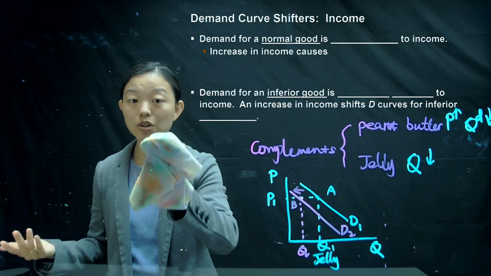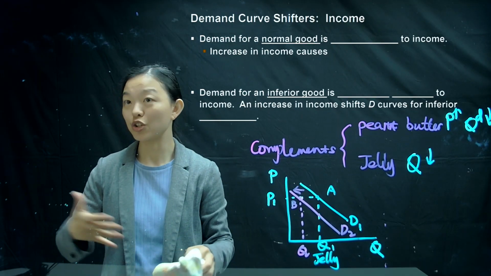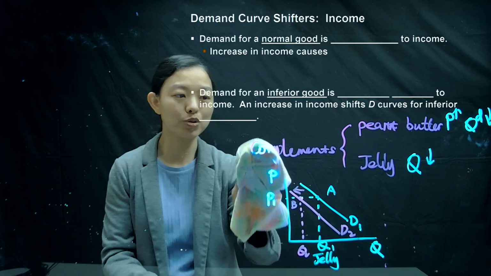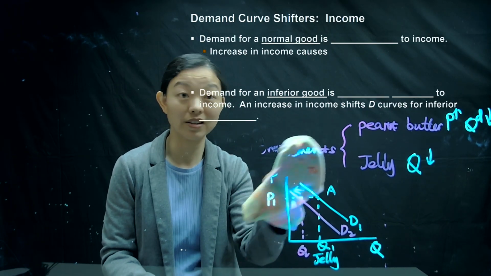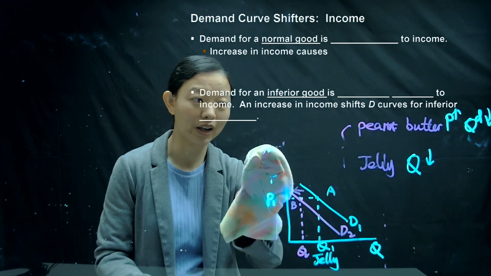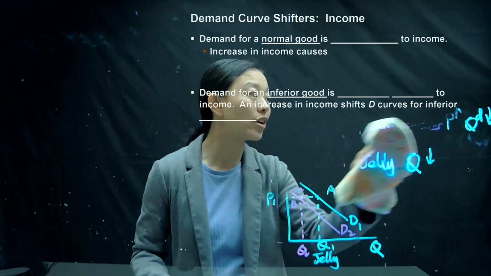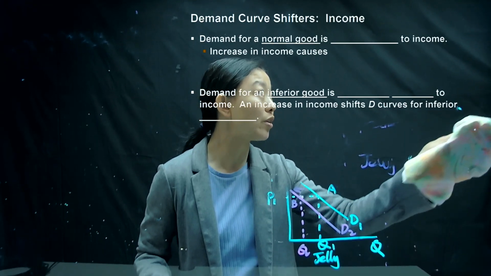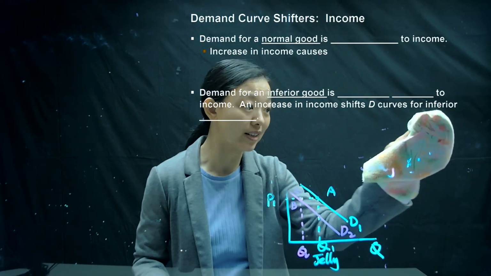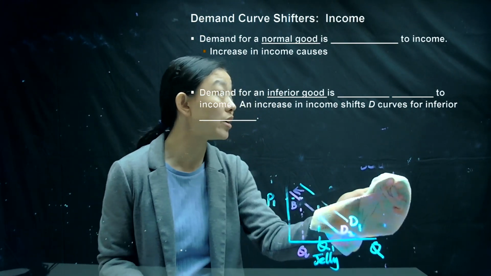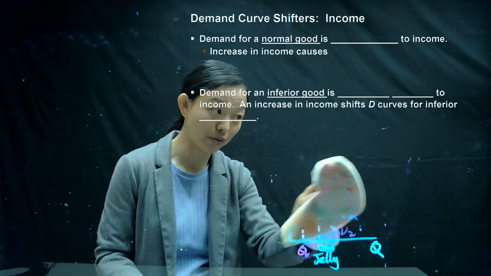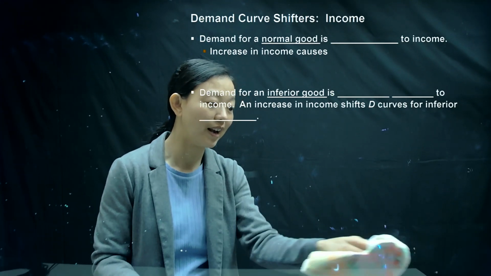Once your income increases, you would probably like to consume fresh pizza rather than frozen pizza, and you will consume other vegetables rather than potatoes. So the demand for inferior goods is negatively related to income. An increase in income will shift the demand curve for inferior goods to which side? To the left-hand side.